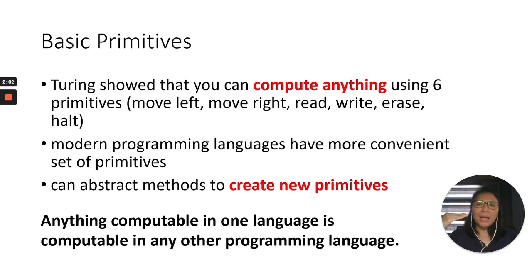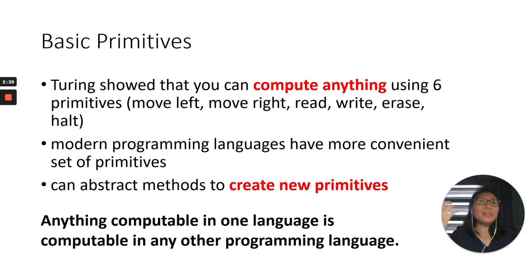You can just imagine that you, as a future programmer, will also be able to create new primitives. That's how programming developed. Everything came about from just these 6 primitives. Theoretically, it is believed that anything computable in one language is computable in any programming language.